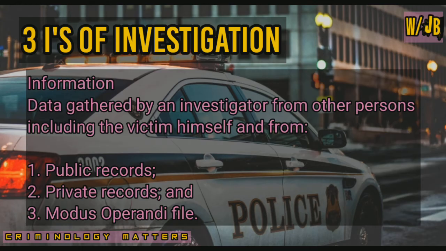If the bank is a private bank and you need to have the details of the bank transaction of a certain person or of a certain group, then you may request the court to issue a summons in order for that private bank to provide the information needed by the investigator in order to help him establish the truth behind the incident. So that is an example of private records.